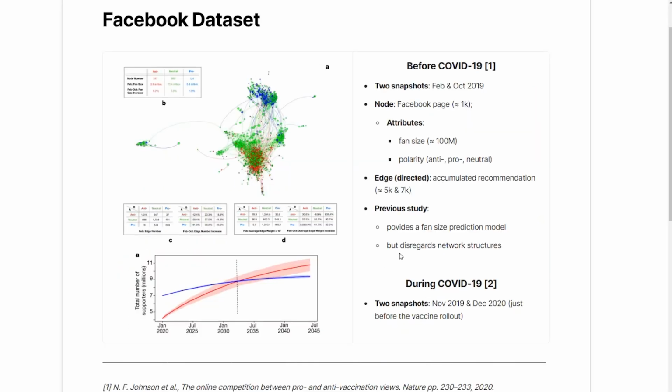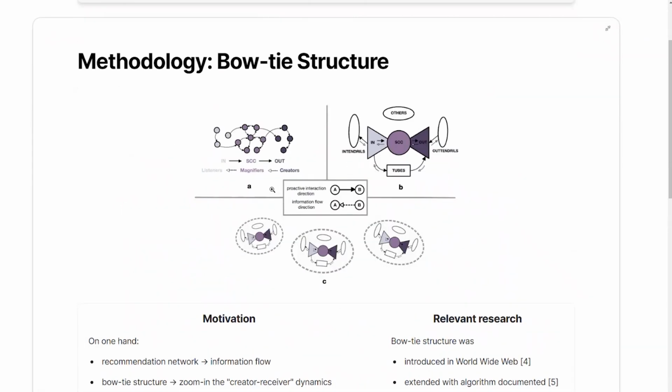But this kind of prediction model disregards the network structure. That inspired us to search for some network structure to study this fan size prediction further. Finally, we picked the bow tie structure to study.